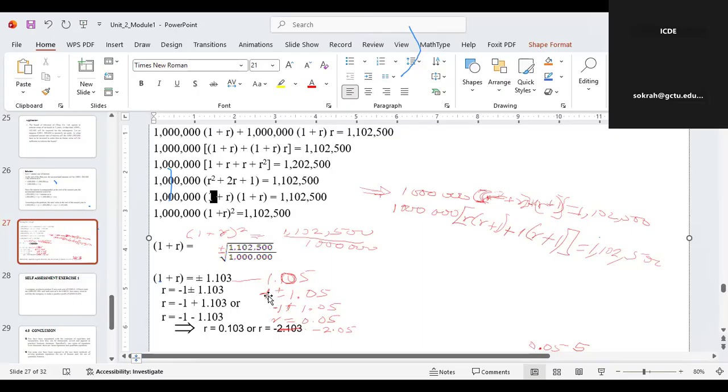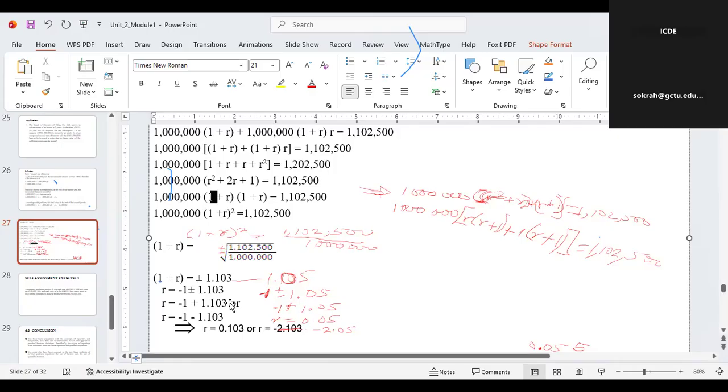Okay? -1 plus or minus 1.05. So now our R is equal to the negative side and the positive side, as you can see here. Okay? So -1 plus 1.05 will give you R to be 0.05. That is our answer to R.